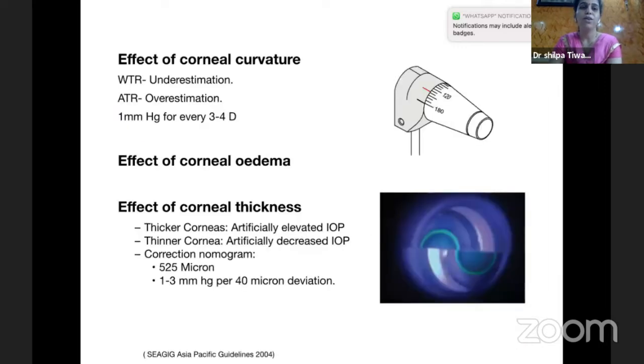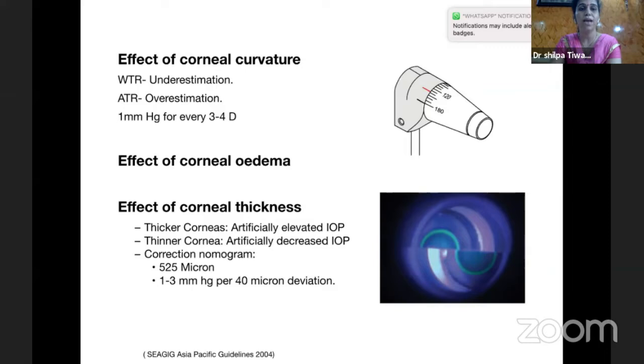Now, the most important are the corneal factors, such as corneal scars and all that. We all know Goldmann gives a false reading in those. The effect of corneal curvature is very important, as we know steeper corneas need to be indented more to produce a standard area of contact, which is 3.06 mm in Goldmann, necessitating more force and higher IOP.